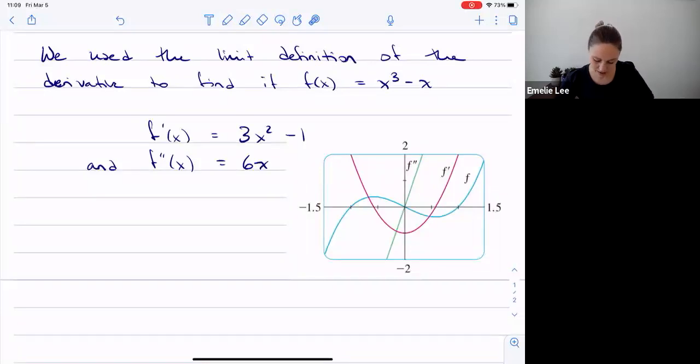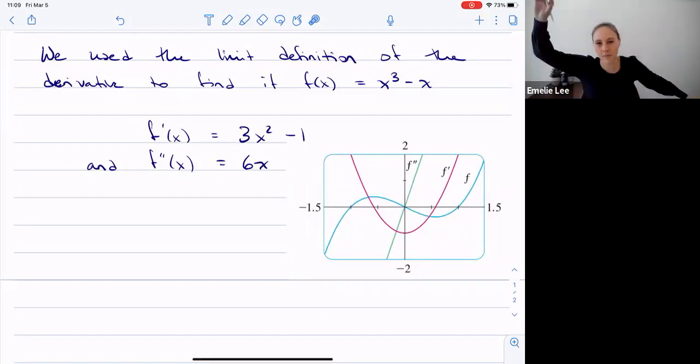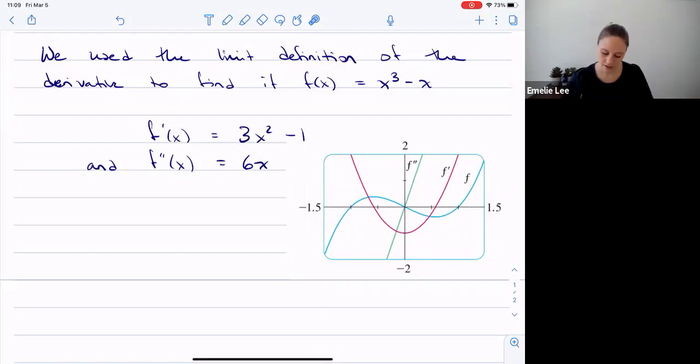So I've got this original function f, which, if x to the power of 3 is the highest power, is a degree 3, so I'm expecting this type of behavior. This is my f, and the derivative becomes a quadratic, in fact this sort of quadratic here.